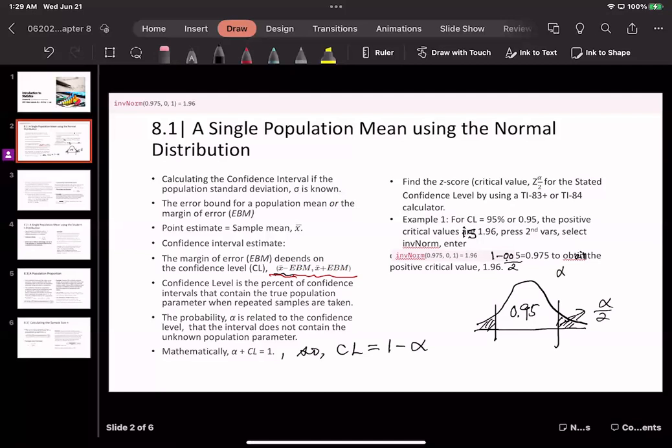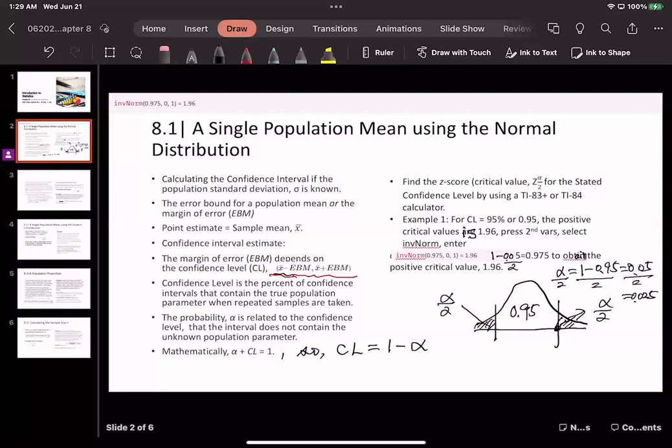And alpha is 1 minus 0.95, which is 0.05. Since we have two tails, each tail's area is alpha divided by 2, and that's how we get 0.025.